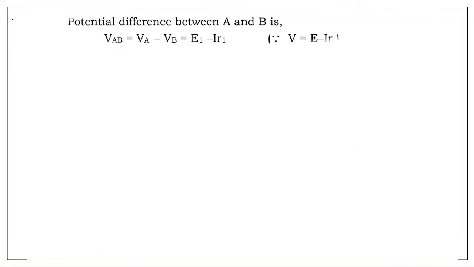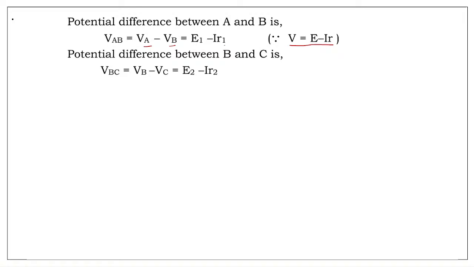Potential difference between A and B is VAB is equal to VA minus VB is equal to E1 minus I R1, because V is equal to E minus IR. Potential difference between B and C is VBC is equal to VB minus VC is equal to E2 minus I R2.